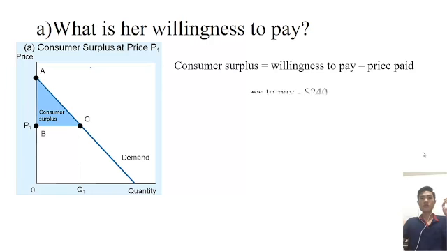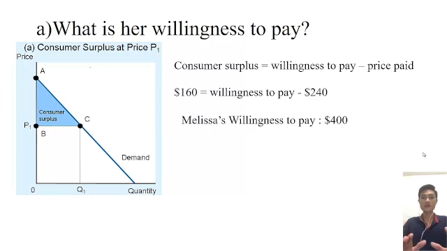So consumer surplus of $160 will be equal to willingness to pay minus $240. So we can conclude that willingness to pay is equal to $400. It's the sum of consumer surplus and the price paid.